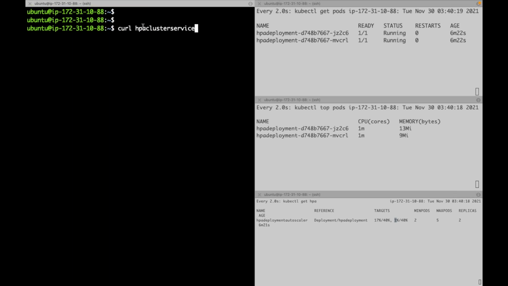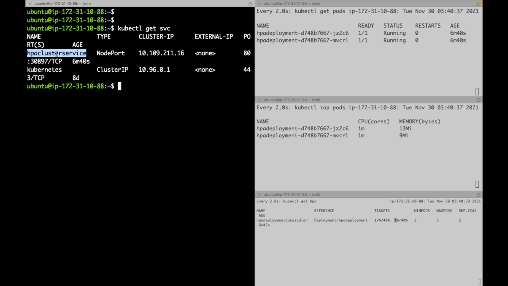Within the cluster, can one application communicate with another application using the service name? This is the service name I have created for that one.